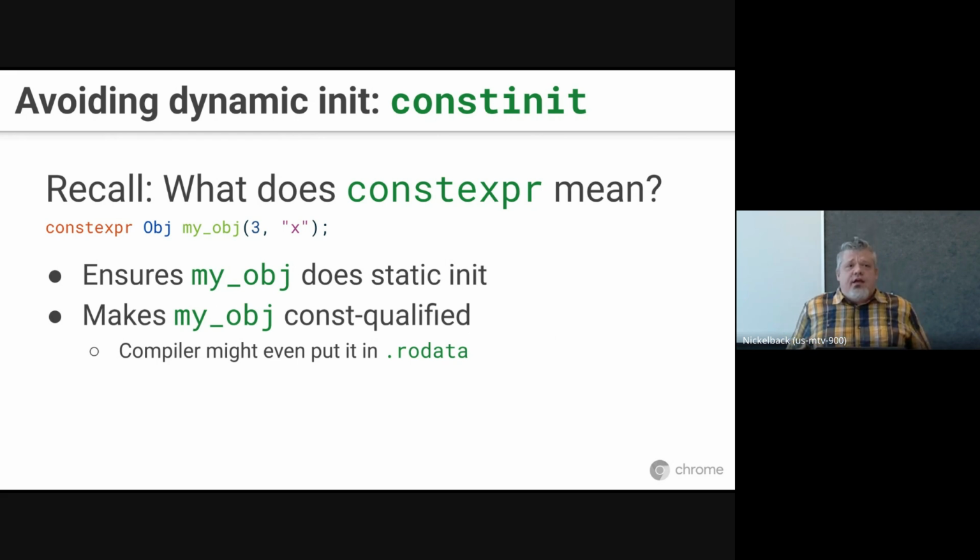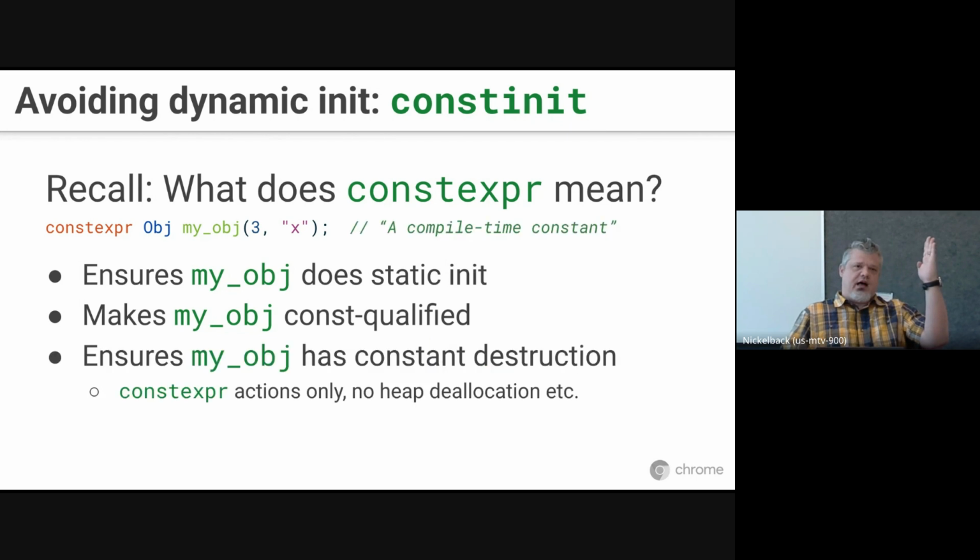The next thing it does is it makes the object actually const qualified, which means while it's alive, you can't change it. In fact, a compiler might even put it in a special section of the binary that's designed for read-only data. So you don't initialize it when it starts, you don't change it while it's alive, and then finally it does constant destruction, which means that effectively the compiler can just tear it down for you without having to run complicated code at runtime.